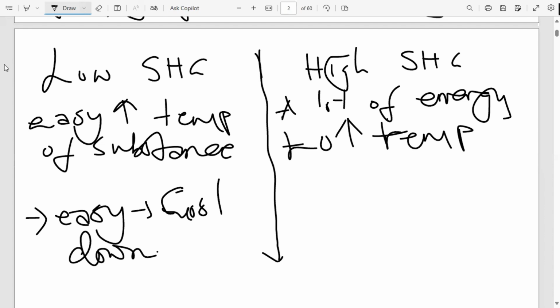It will be difficult to cool it down because it has a high specific heat capacity, which means the amount of thermal energy that is required to raise the temperature of 1 kg of this substance by 1 degree Celsius is a lot.